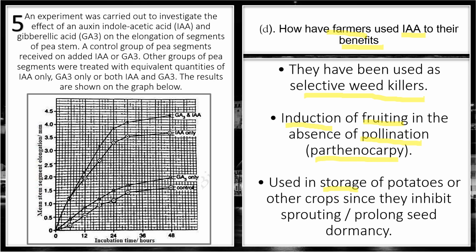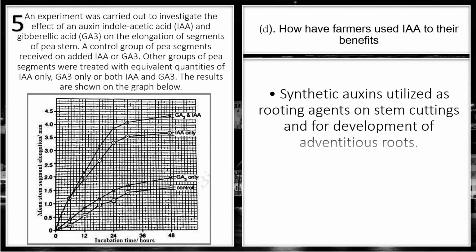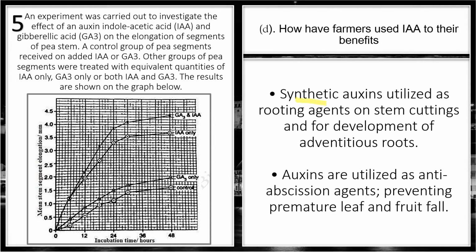It is used in storage of potatoes or other crops since it inhibits sprouting and prolongs seed dormancy. Synthetic auxin is utilized as a rooting agent in stem cuttings and for the development of adventitious roots.